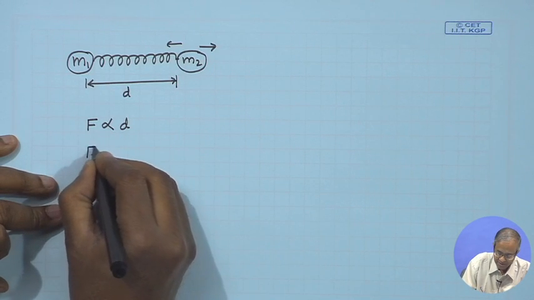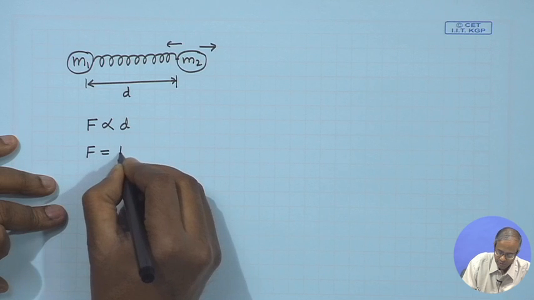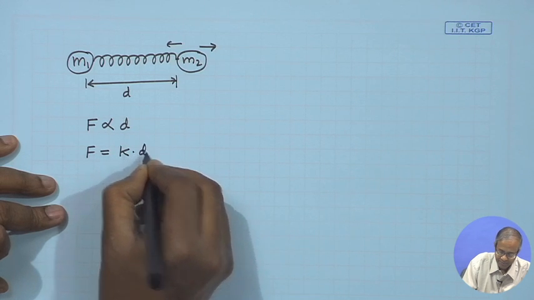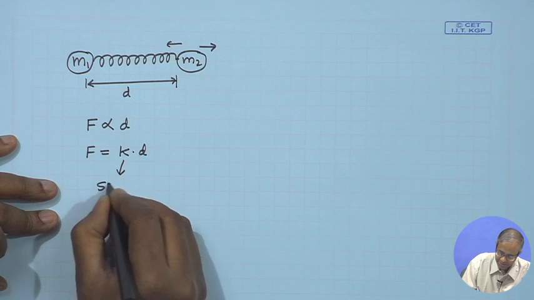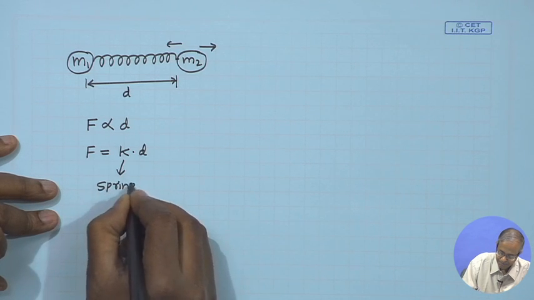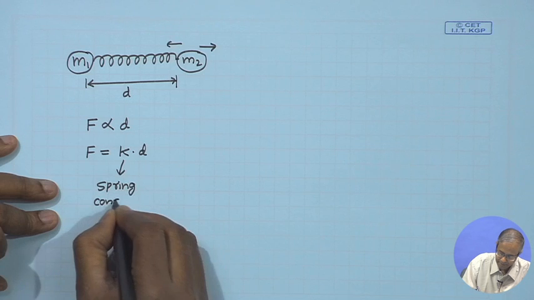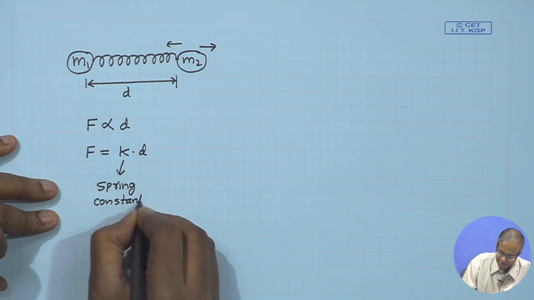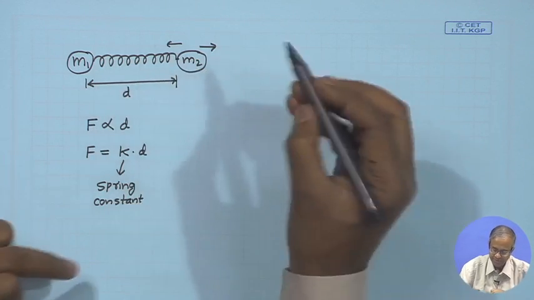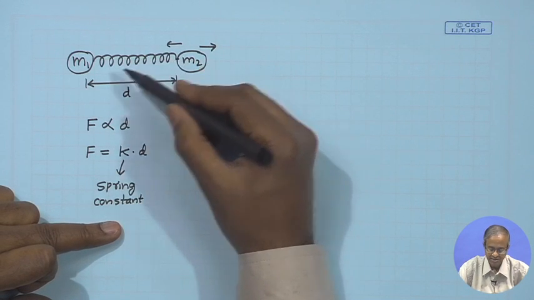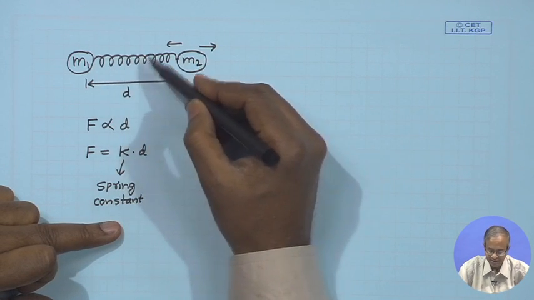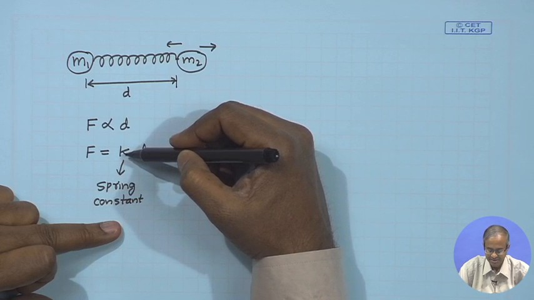So, you can write F equal to some constant k into d, where this constant k is called the spring constant. This depends on the quality of the spring. If it is a very strong spring, the value of k will be very large, but if it is a very weak spring, the value of k will be less.